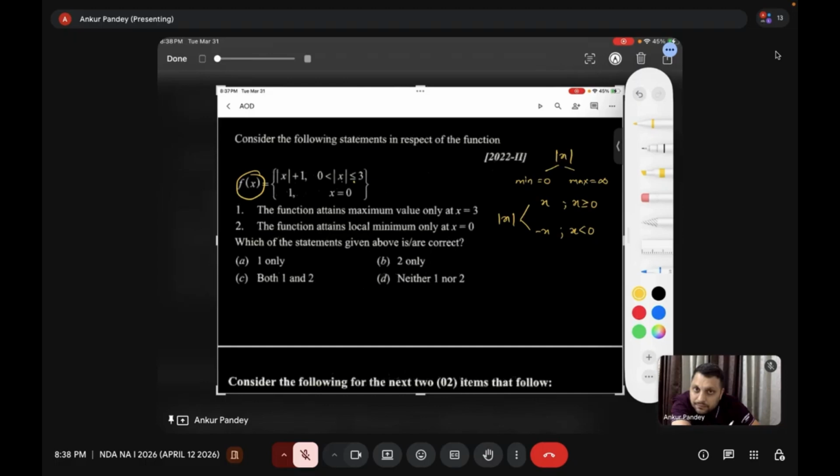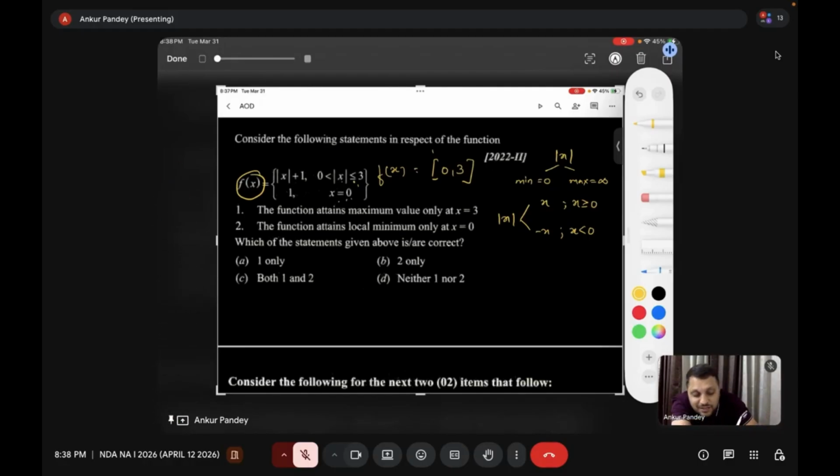Fine. So if you see this, this function is written for 0 to 3. Yes or no? Tell me yes or no. Bas, you have your answer.